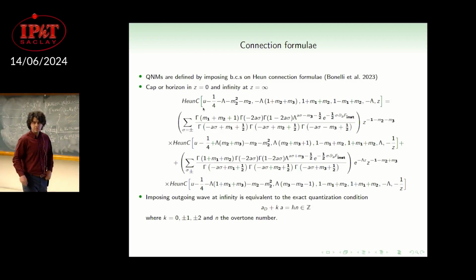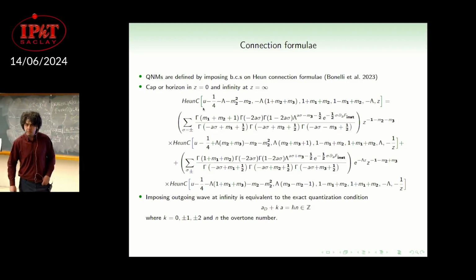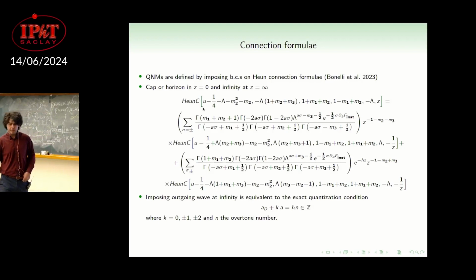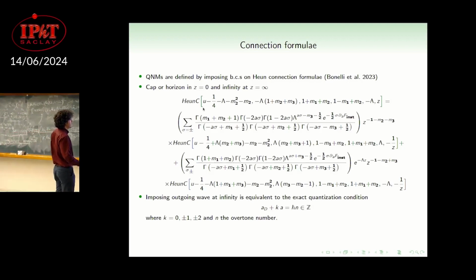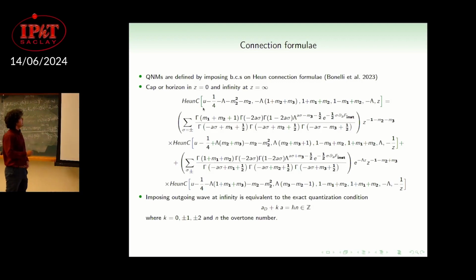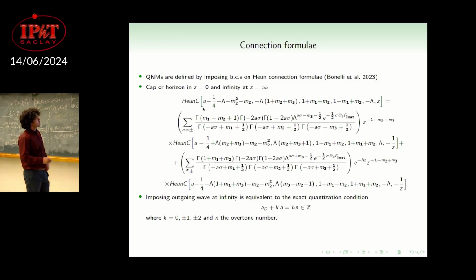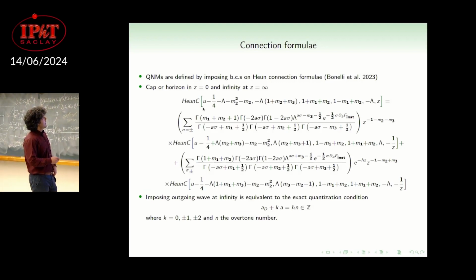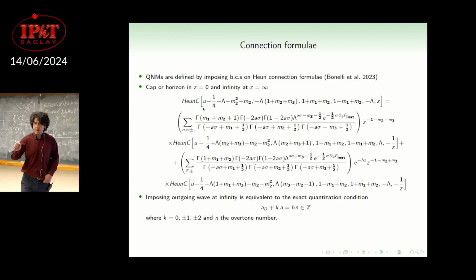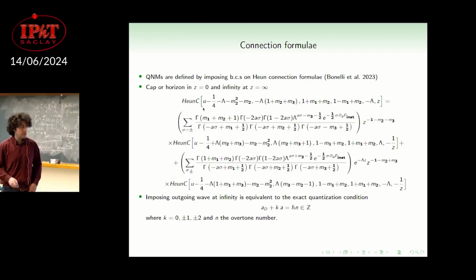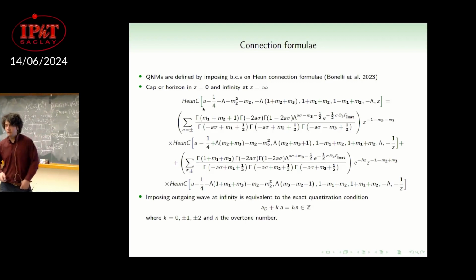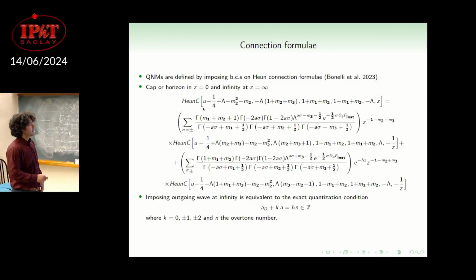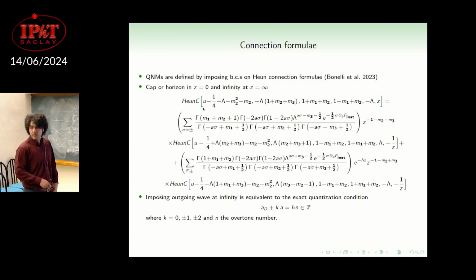Now all this machinery can be applied for quasinormal modes purposes. And actually this is the confluent Heun connection formula. Suppose that you have mapped your horizon in z equal to 0, and your infinity in z equal to infinity. So this is the formula that connects 0 to infinity.